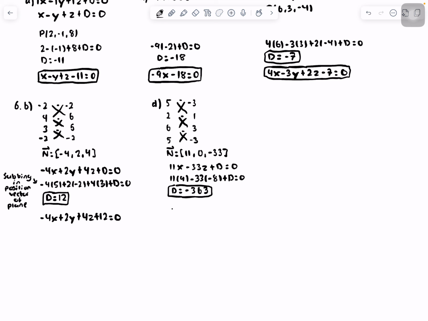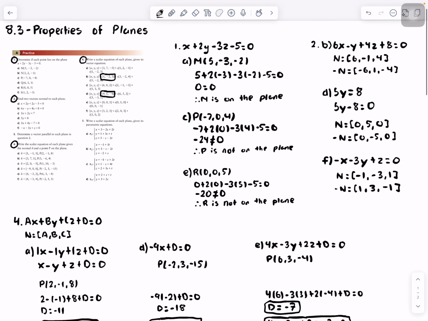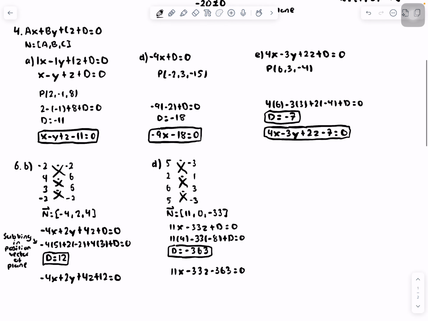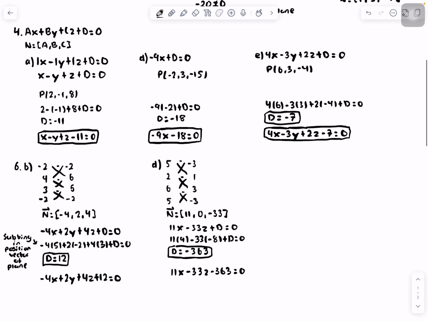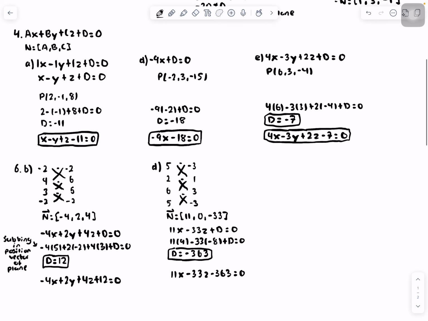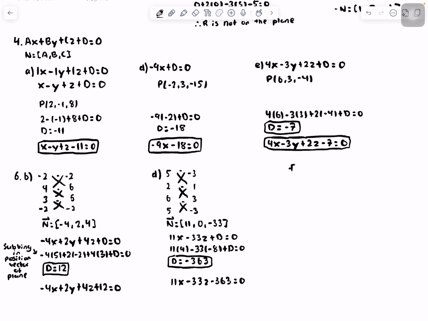And then therefore, we have 11x minus 33z minus 363 equals 0. Okay. Nine, 1, negative 8. Yeah. Okay. Seems the answer in the book is way off.